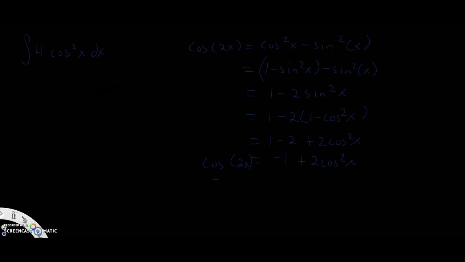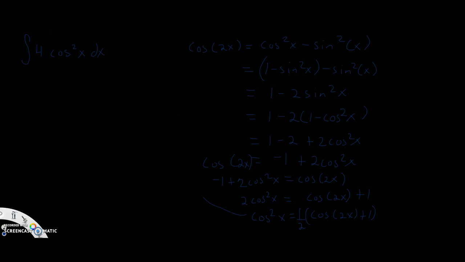So now if I rewrite this, negative 1 plus 2 cosine squared x equals cosine of 2x, I can move over the 1 and say 2 cosine squared x equals cosine of 2x plus 1. Or I could just do a half. So now I could say cosine squared x equals all of this divided by 2. I'll just put the 1/2 here and put the parentheses here. So now that's what cosine squared equals.